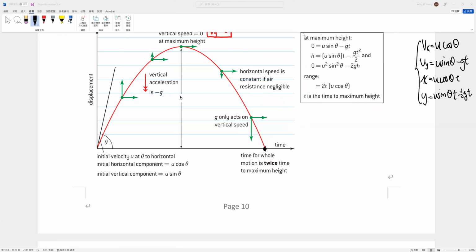And actually, there's another meaning in physics. Now, initially, the ball is moving. There's a horizontal velocity and vertical velocity. Just before it hits the ground, we know that the horizontal velocity does not change. And there's also a vertical velocity downwards.